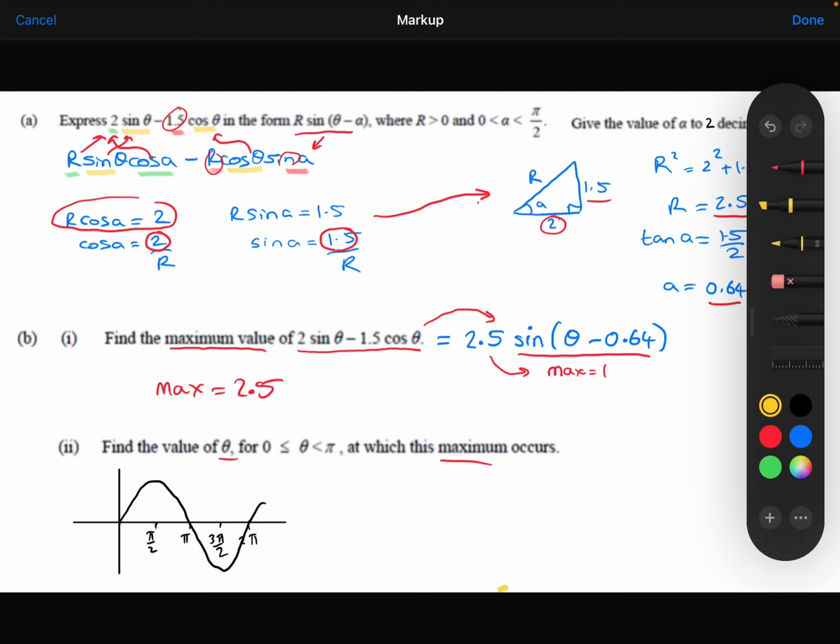It has a maximum of 1 at pi over 2. So if this bit on the inside here equals pi over 2, that's when the maximum would occur. So theta minus 0.64 equals pi over 2. And then if I add 0.64 to both sides, I find that theta is 2.21 radians when that maximum occurs.